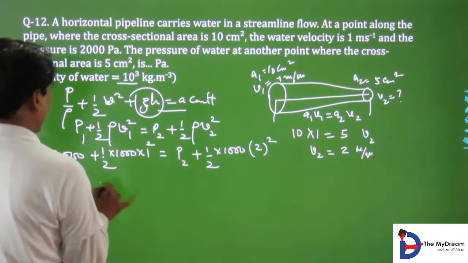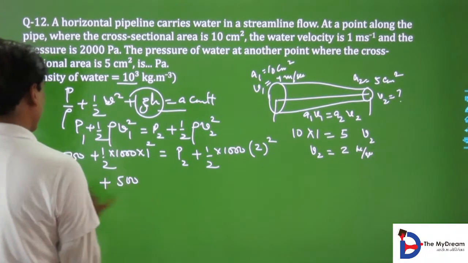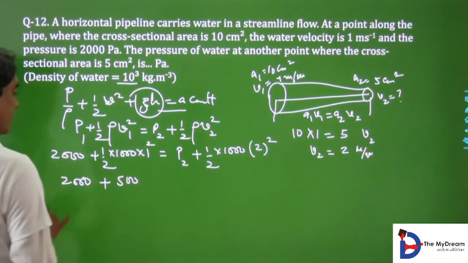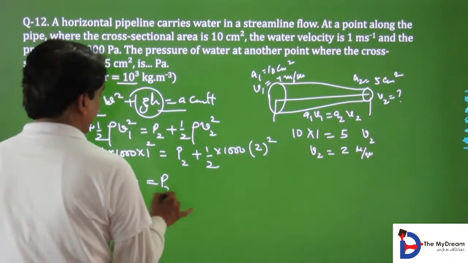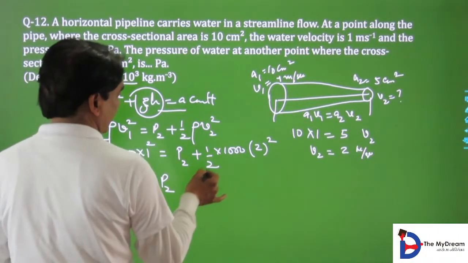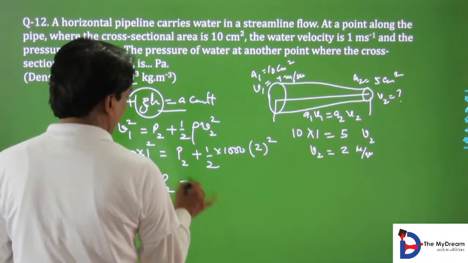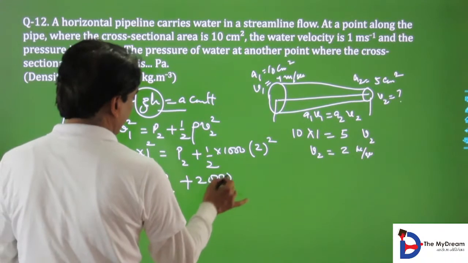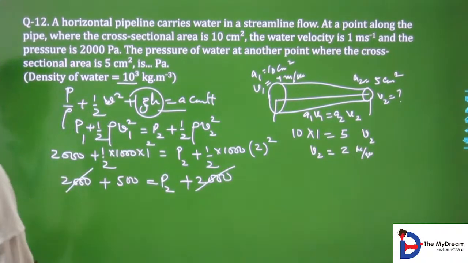This is of 500, this is 2000, the pressure is P2, square of 4 divided by 2 gives 2, so it will become 2000, which will be cancelled.